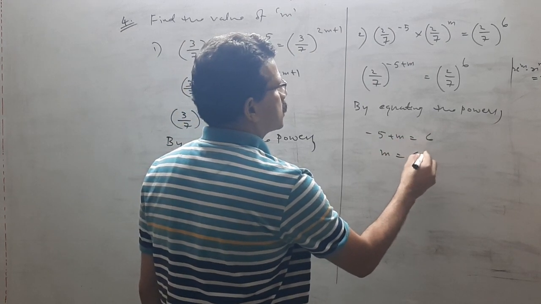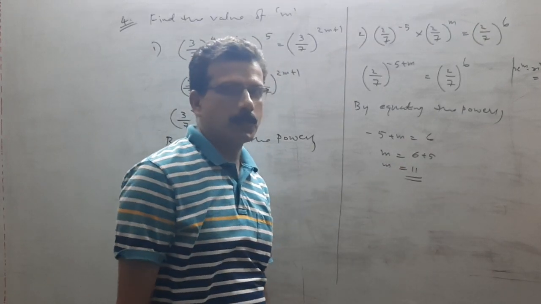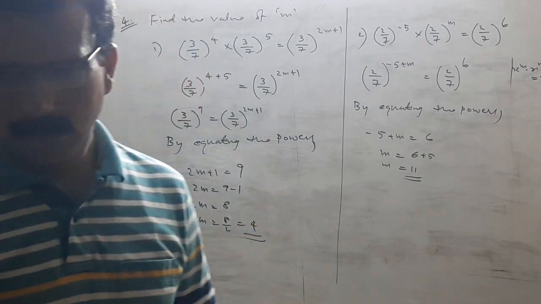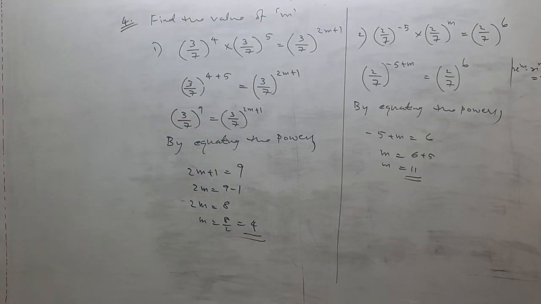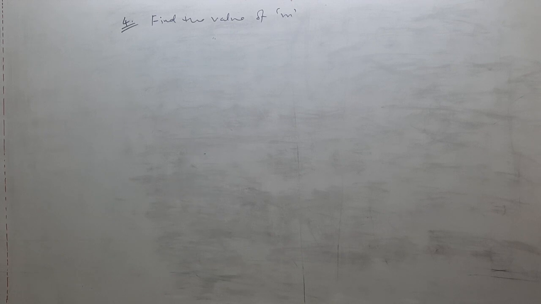Therefore m equal to 6 plus 5, that is 11. So very simple thing. Hope you are understanding all these things. Now one more question.